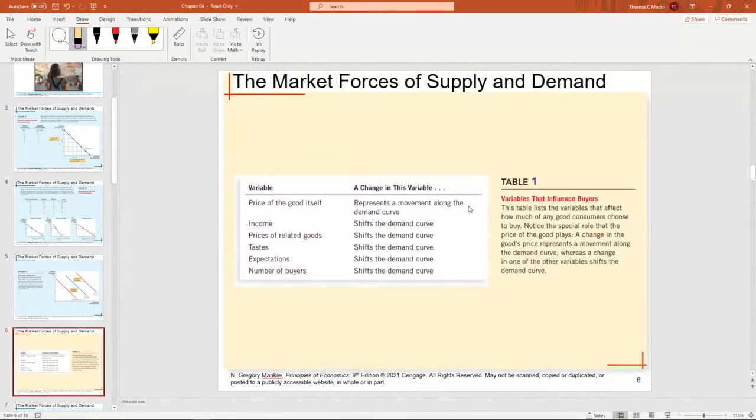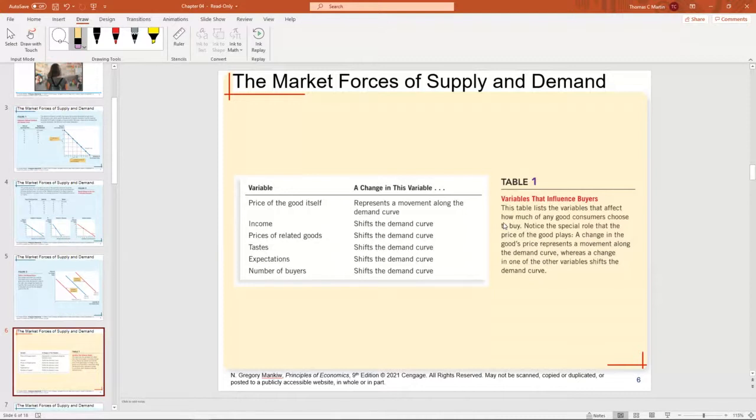If they say there's movement along, that curve did not move. If they tell you there's movement along the supply curve, the demand curve moved, not the supply curve. And the reverse is true here. If it's moving along the demand curve, that means the supply curve moved, not the demand curve.